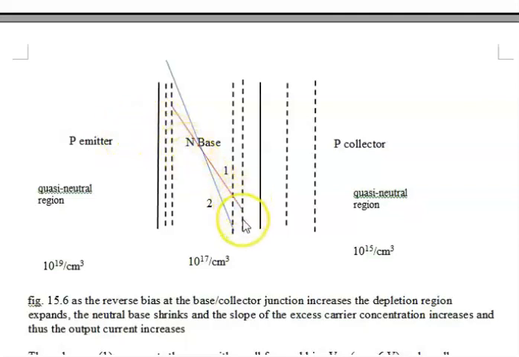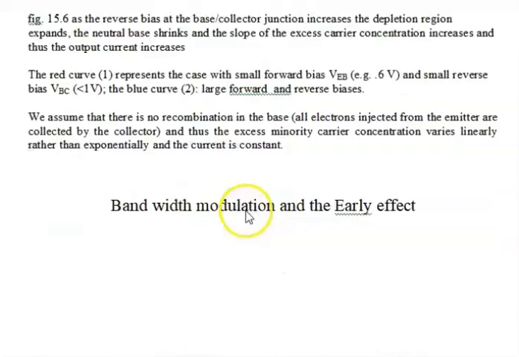It also increases because the depletion region at the base collector junction moves to the left. If it did not increase due to that, we would have this point here being over here, and that is not the case. The slope is now increased, the current has increased.